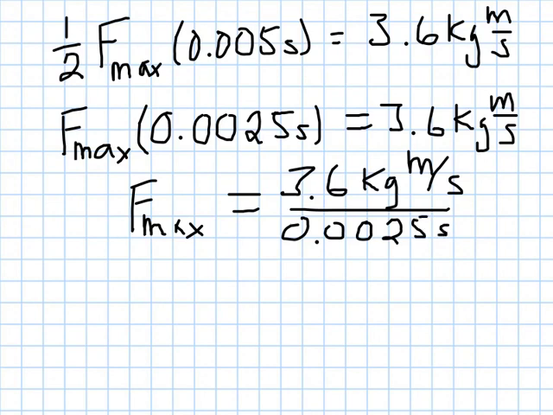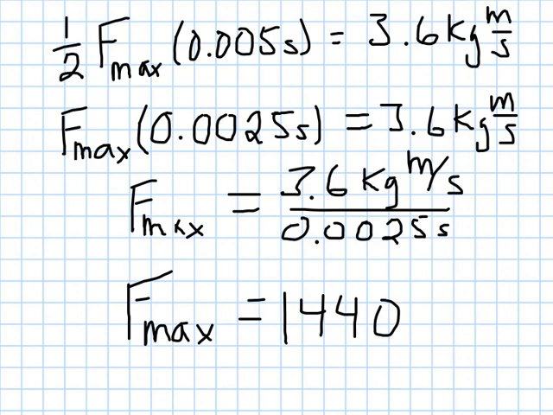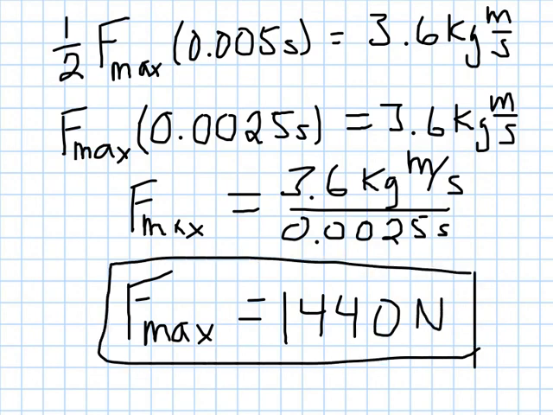You may have already realized that this is just going to give us twice our average force, but we can go ahead and calculate it with these numbers just to be sure, and the result is indeed 1,440 newtons. All right, and we've finished this example.